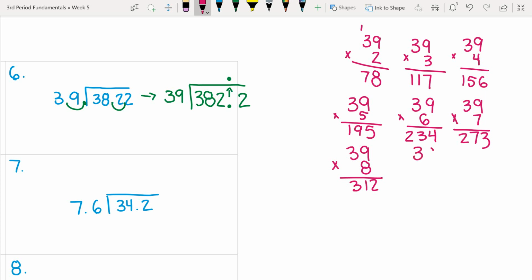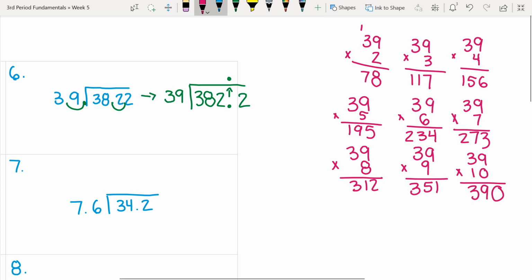Keep going. Let's see if I can get closer. 39 times 9. Let's see, what is that? Oh, that is 351. Real close now. If I do 39 times 10, well, that's 390. Gross. That's actually too big, which means I have to stop right here at 9.